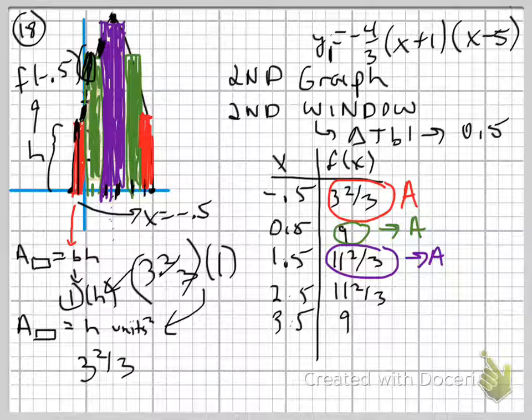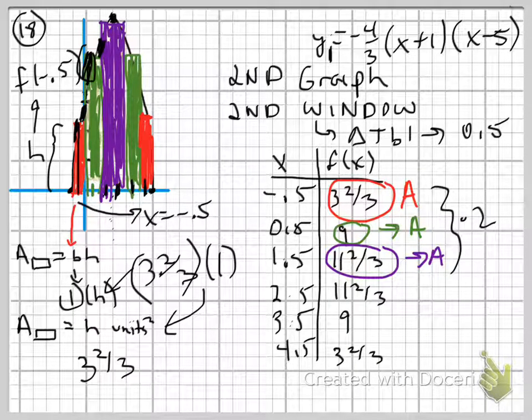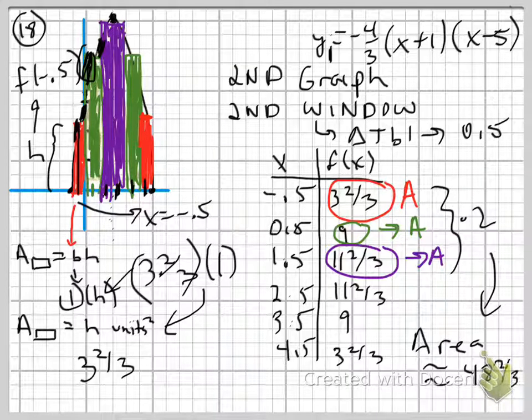And if you look at 4.5, you get 3 2/3. So really all we have to do is take this and multiply by 2, and we've got the area approximated. And when you do that, the approximate area under the parabola is approximately 48 2/3 units squared.